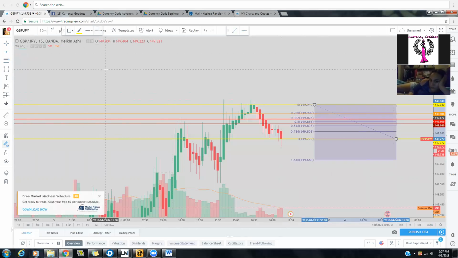So for the 15-minute, your entry is going to be 149.876. And then you're just going to drop a yellow dotted line on that. Dotted line or solid line? Dotted. Oh, yeah, that's the middle. Okay. Yeah.